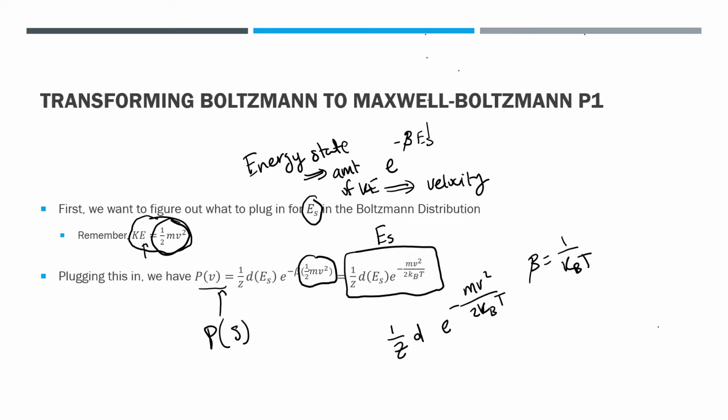Another question you might have is, we noted that this is the energy state of that velocity, right? So when we have e to the negative beta Es, we're saying this is the probability my particle is at this energy state. But that should mean that I sum up all the energies, my potential and my kinetic energy, because both forms of energy contribute to the total energy of the energy state.